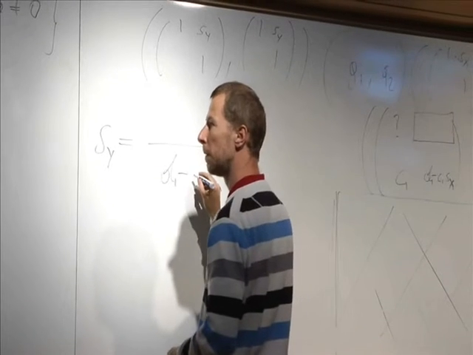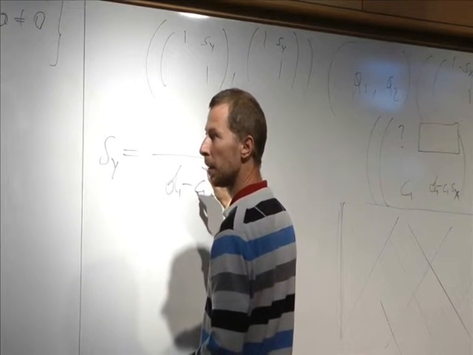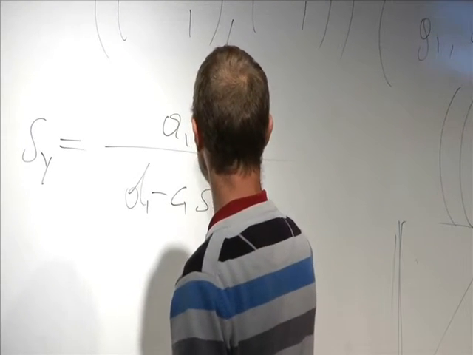So we use Sy equals D minus D1 minus C1 Sx, A1 Sx.